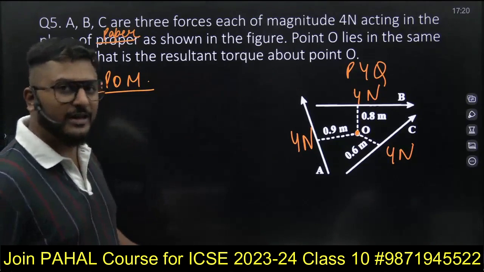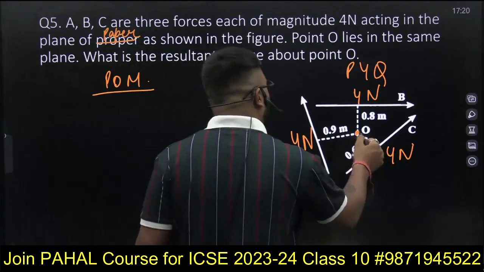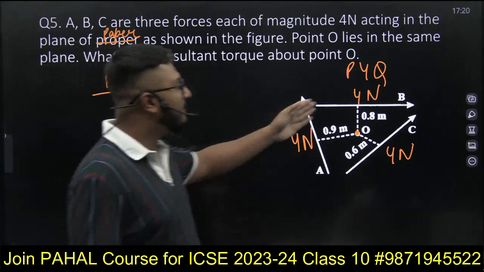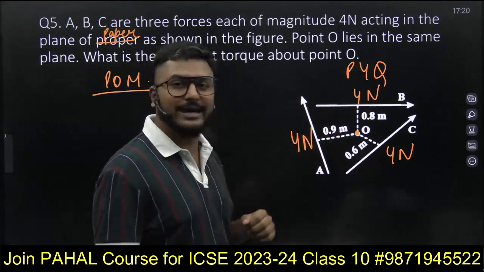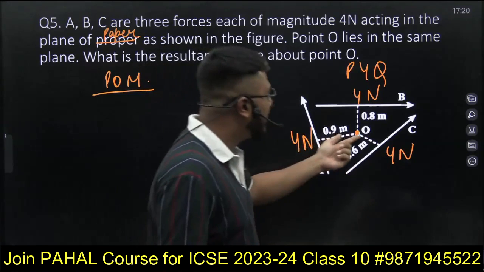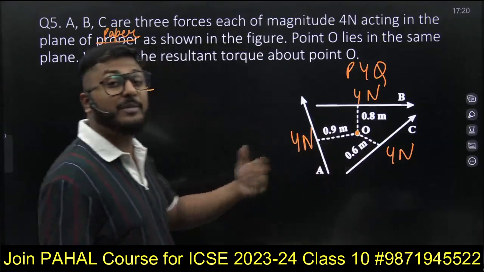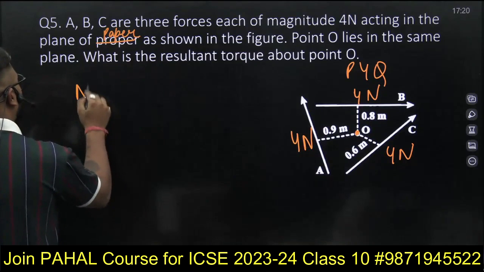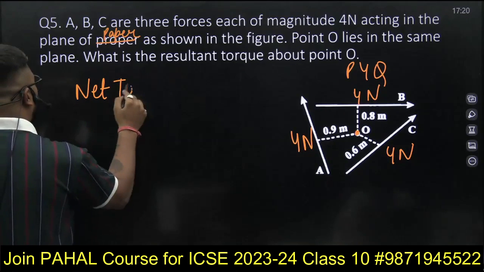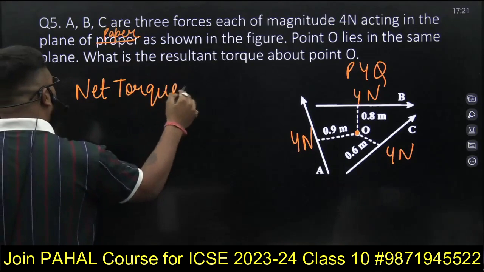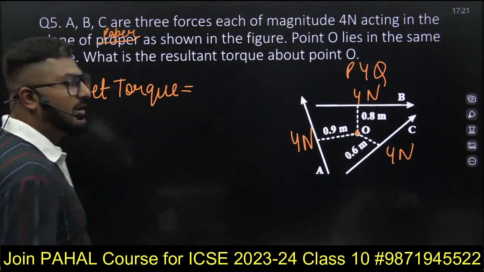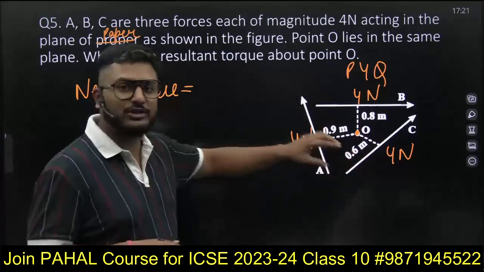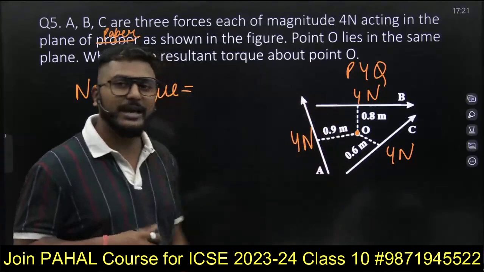Now over here we have to find that if we are applying force in 3 different directions and the forces are given by A, B and C, then in this case the net torque over here will be equal to what? So we have to find the net torque. So let's find out the net torque. So net torque will be equal to the sum of the torques produced by the forces A, B and C.